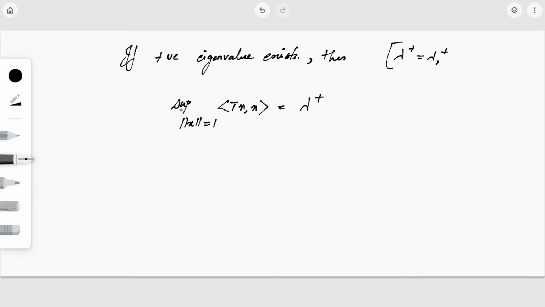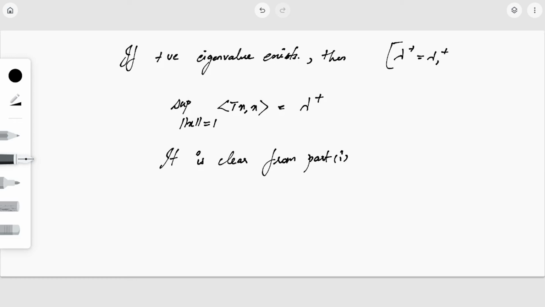This is clearly obtained from part 1 of this corollary, because the maximum value of the inner product Txx is lambda 1 plus, and we are assuming that lambda 1 plus is lambda plus. So the supremum over norm x equal to 1 of the inner product Txx is equal to lambda plus.